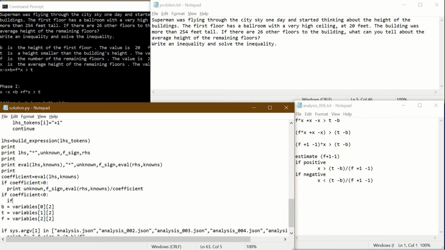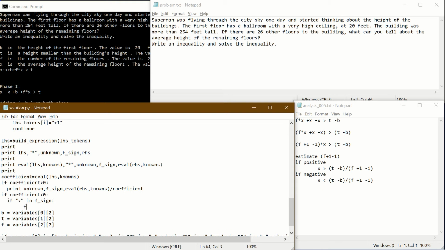So I will say if we have smaller character in f sign, then f sign is equal f sign dot replace. So we will replace all occurrences of lower than with larger than.